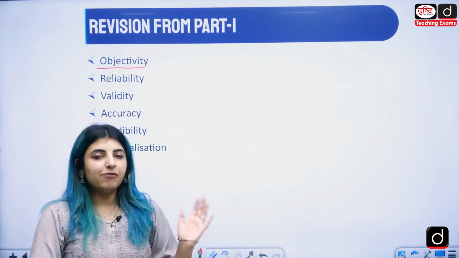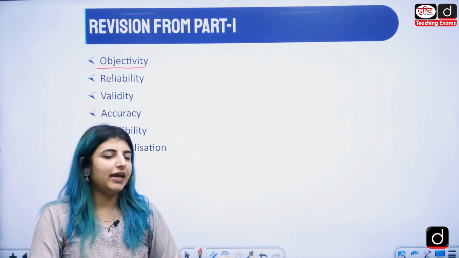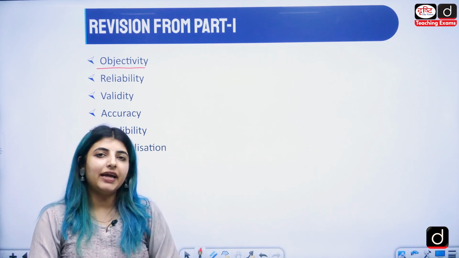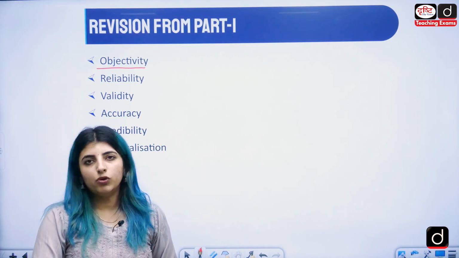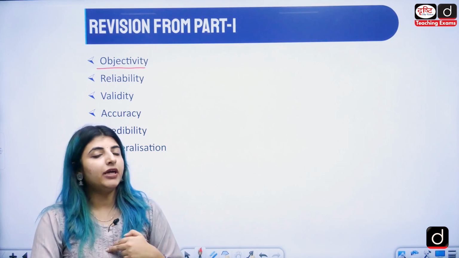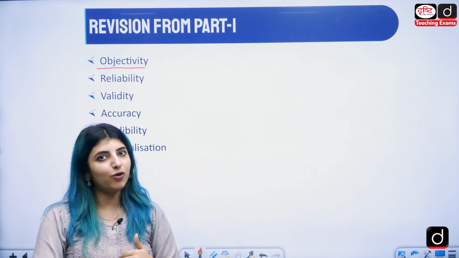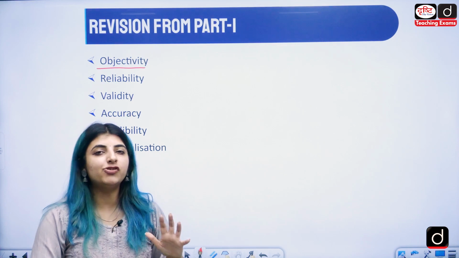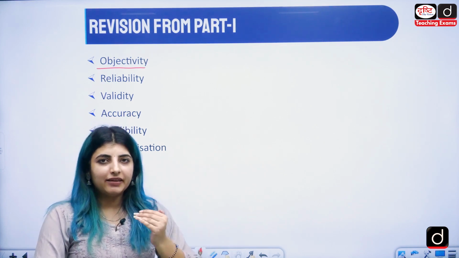You ask 5 or 10 people. 5 of them say they like Dairy Milk. Some say they like 5-Star, for that matter. Some say they like Amul. So you will not be putting your point of view and giving leverage to the other person. If you also like Dairy Milk, you will not give more prominence to the people who like Dairy Milk. You would be collecting and gathering data.